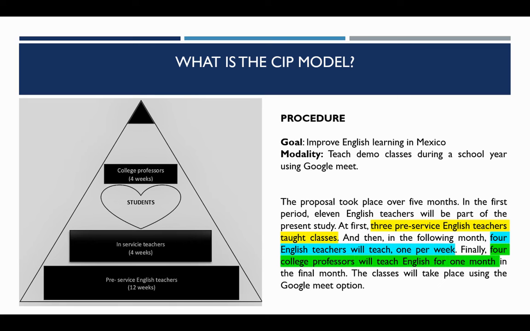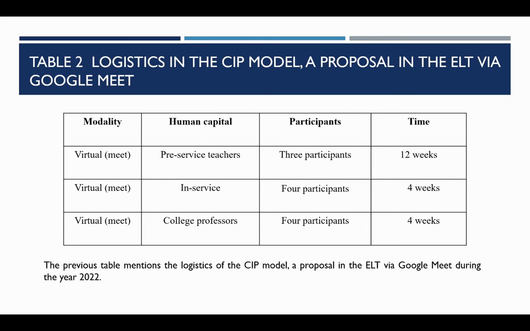Okay, moving on to the logistics of the CIP model. If you can see at this table, we have the modality, the human capital, the participants, and the time. For the modality we have virtual.